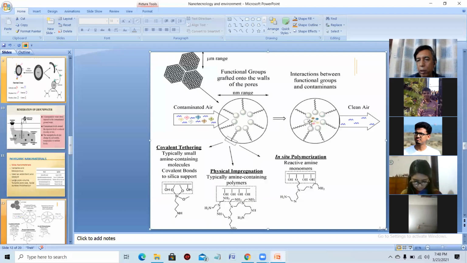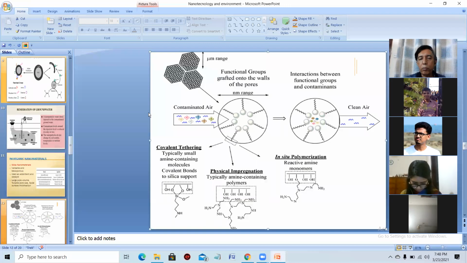It is trapped into the pore. This is a pore. You see here, this is a pore. The contamination molecules are trapped into the pore, and clean air passes out from here.